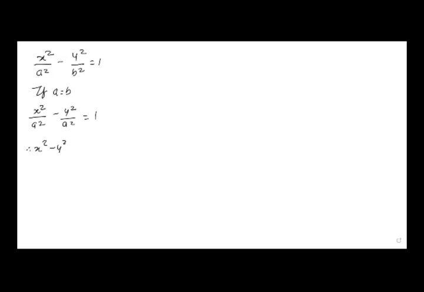Therefore, the equation of this type of hyperbola will be x square minus y square is equal to a square. It can be y square minus x square is equal to a square if the transverse axis is y-axis. So you should understand that a hyperbola having its value of a and b equal will be called an equilateral hyperbola.